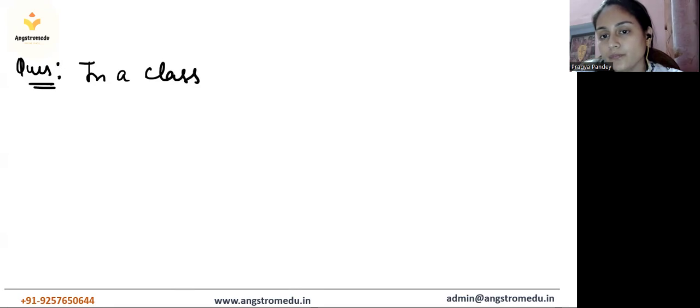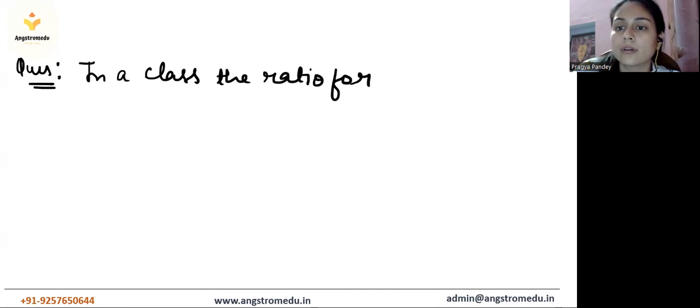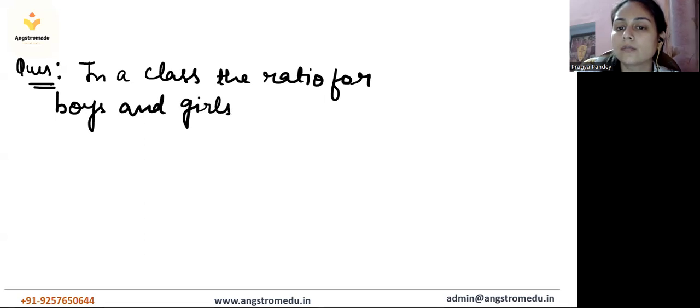So let's say in a class, the ratio for boys and girls is 2:1.